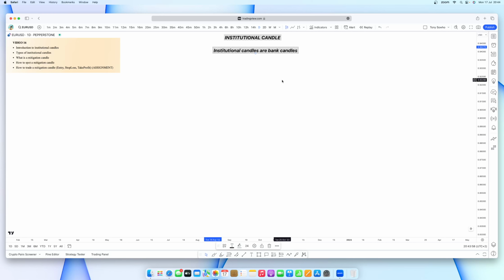Like I was saying, I've explained to you who smart money is. You now know that these top 10 currency traders are the people we refer to as smart money, because they have a lot of money to push price and manipulate the market.